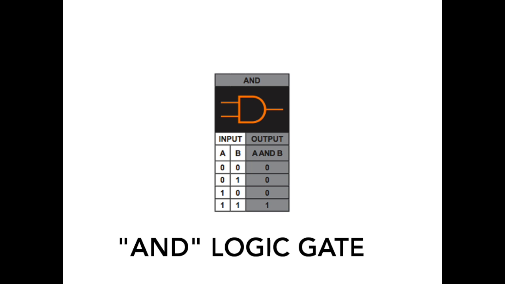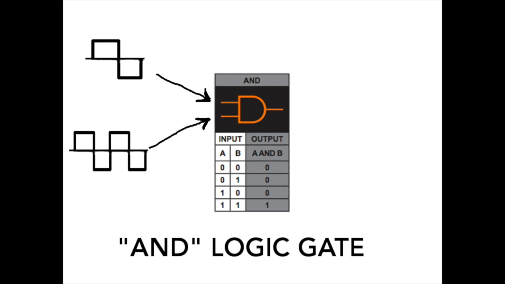Here's the A input, and you have a square wave going in. Then here's the B input, also with a square wave going in at a different speed. And then your output is a combination of those two, but only the positive values. So let's look at that in Reason and see what that actually sounds like.